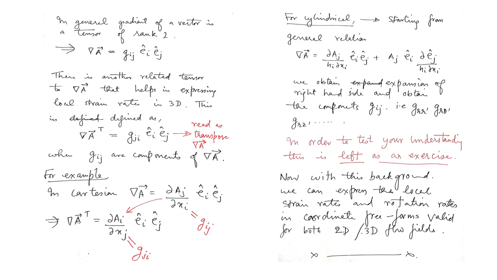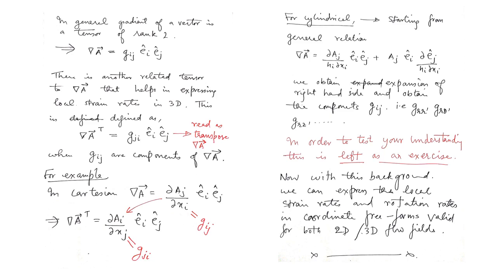It's not that when you take the transpose, you also interchange the unit vectors and start saying ej cap, ei cap. No, the dyads are still written the same way, and the transposed gradient of a vector is written with the same components gij, but interchanging their indices.